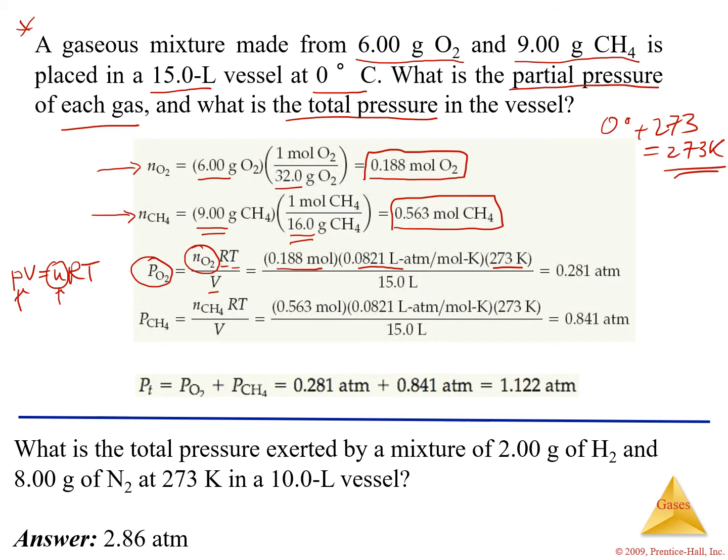So in terms of unit cancellations, mole cancels with mole, kelvins with kelvin, then liter cancels with liters, so the remaining unit is atmosphere, and the numerical value which you get in the calculator by plugging the numbers into this equation and calculating correctly is in units of atmospheres.